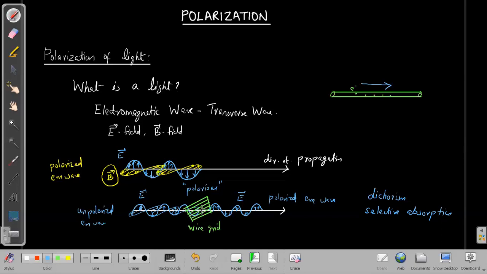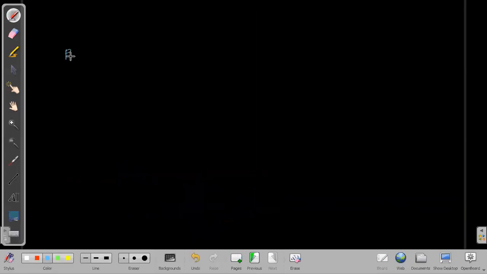The wire grid has a very high conductivity along one direction, that is, it can conduct electricity only along the horizontal direction, and in the vertical direction there is no conduction. So we have such molecules, and such sheets of polymers are called polaroid. It is very famous, the polaroid glasses you might know.